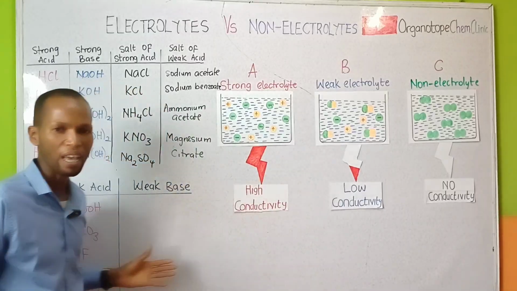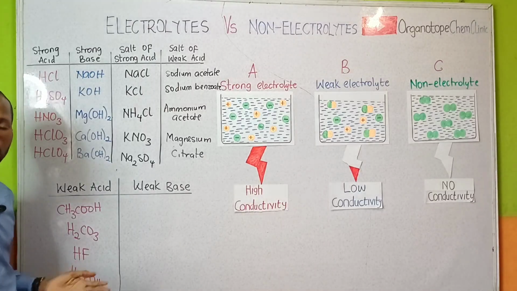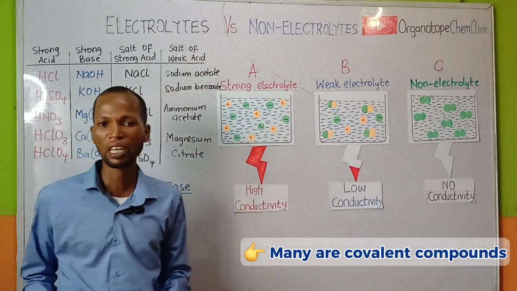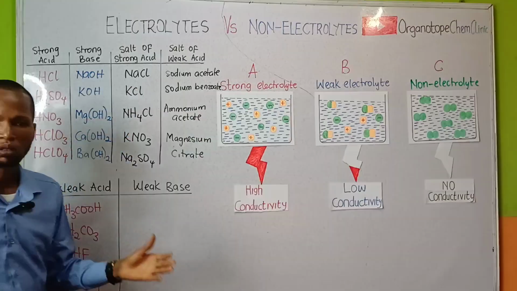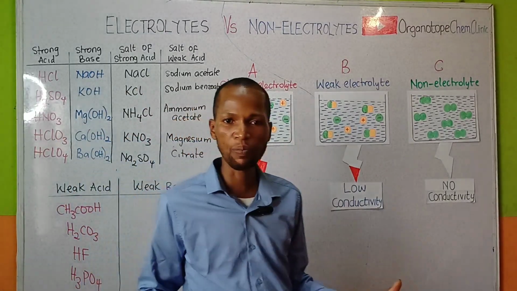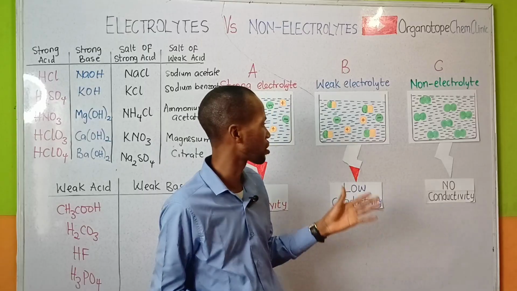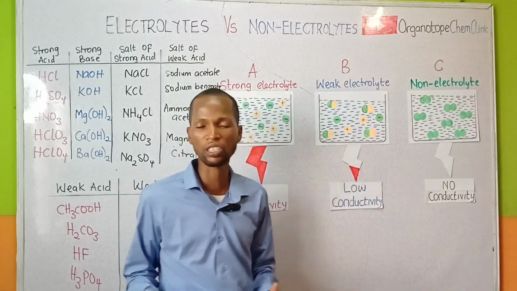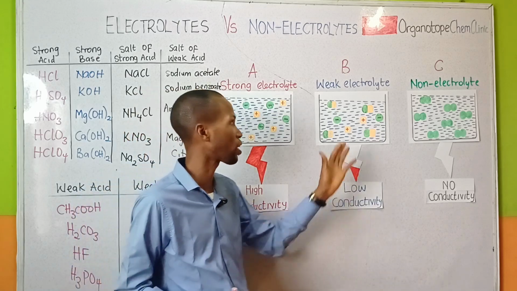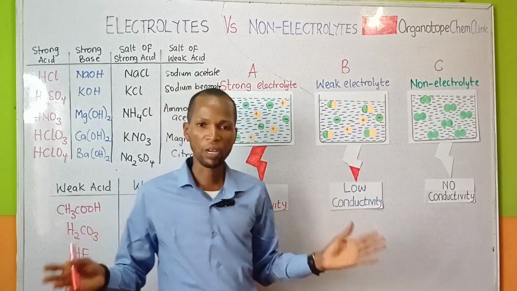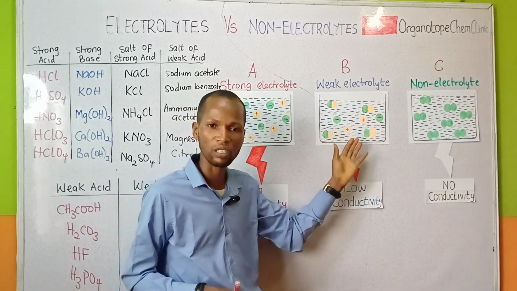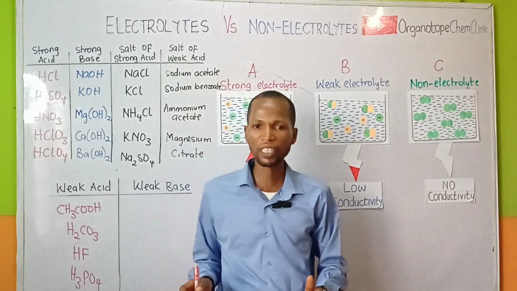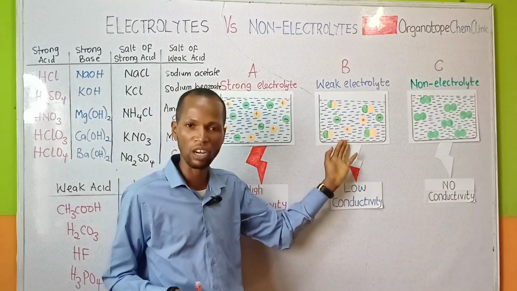They are considered to be weak electrolytes because they contain covalent bonds. Their atoms are covalently bonded. So when molecules are covalently bonded, their degree of dissociation is said to be low. Therefore, we consider such a solution of electrolyte to be what? A weak electrolyte, because the degree of dissociation is low and they do not dissociate or ionize completely in aqueous solution.